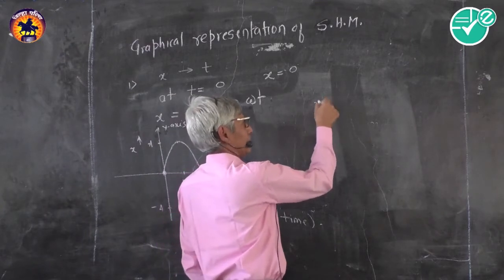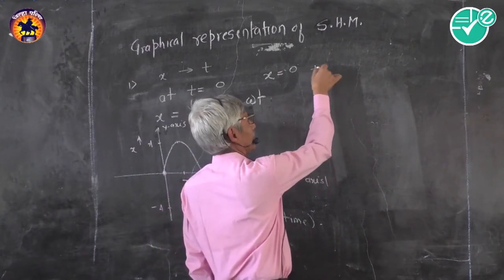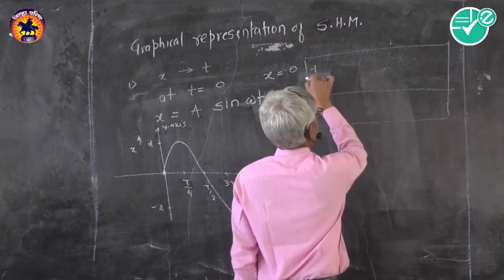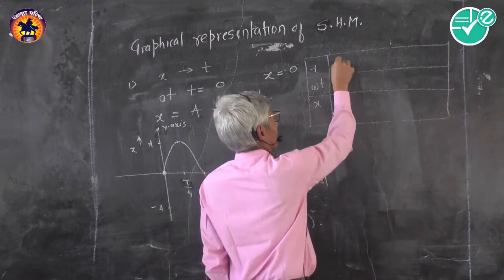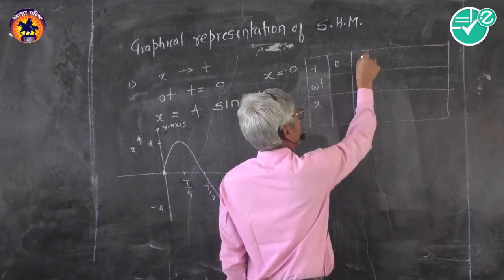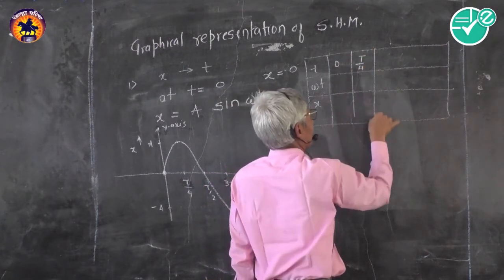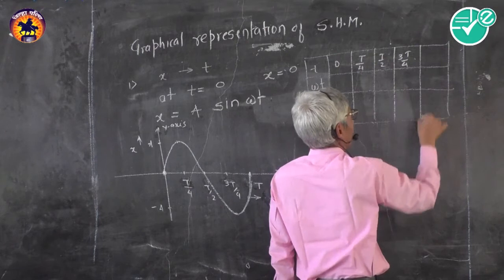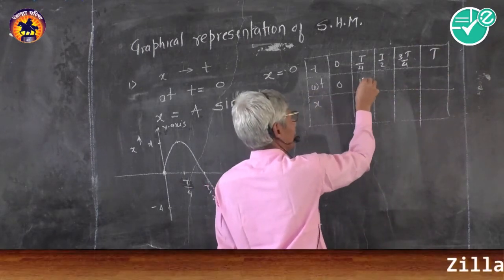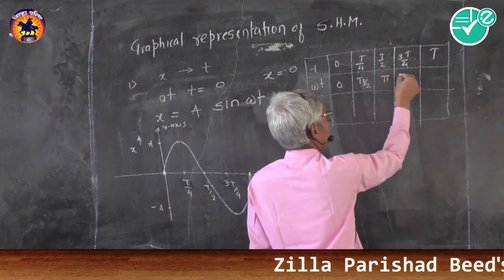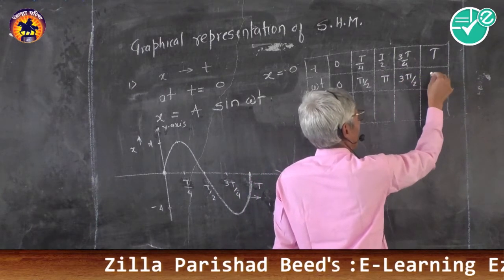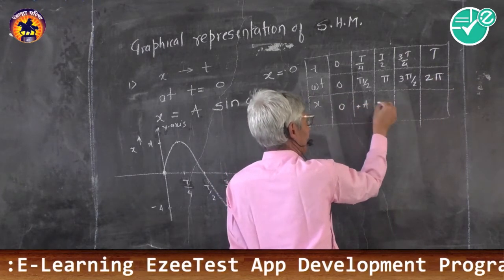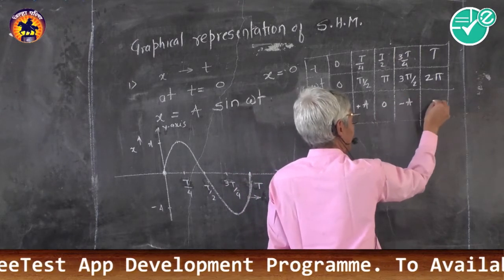We can have the chart for the different values of x for different instants: 0, T by 4, T by 2, 3T by 4 and T. Omega t will be 0, pi by 2, pi, 3 pi by 2 and 2 pi. x will be 0, plus a, 0, minus a, 0.